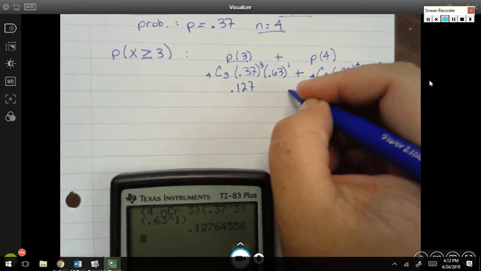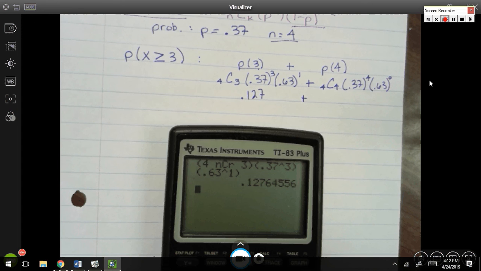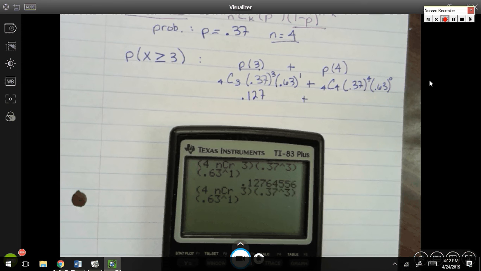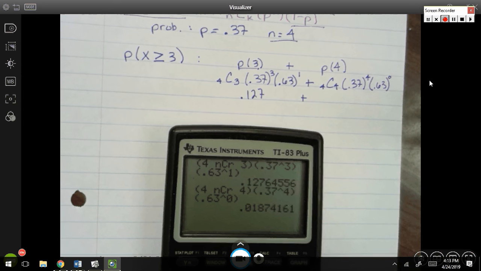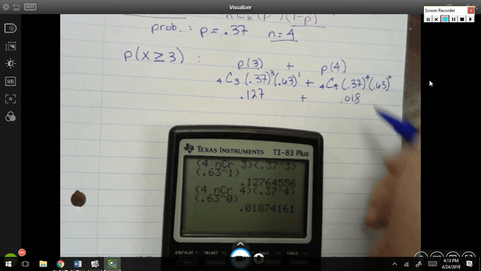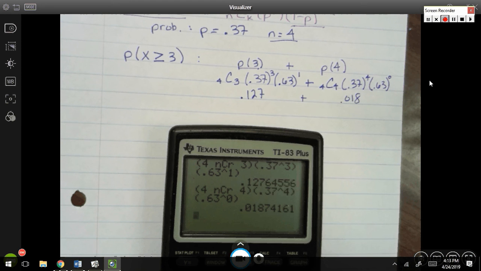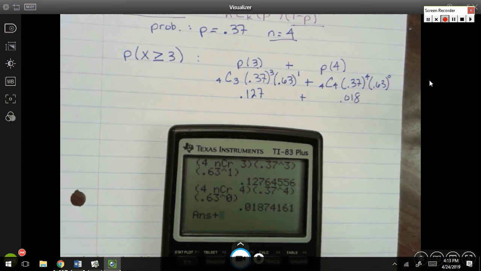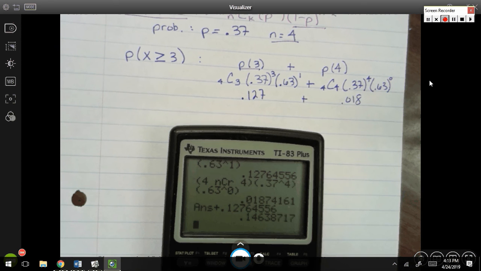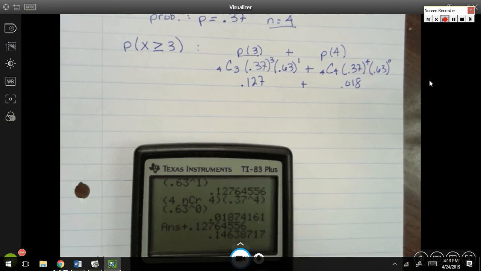But then to that I'm going to need to add, I'm going to call up that last entry again, so I got 4 choose 4, I got this to 4, and I got this to 0, 0.018. Okay, I'm going to take that, and to it I'm going to add the 0.127645556, and I get 0.146 approximately.